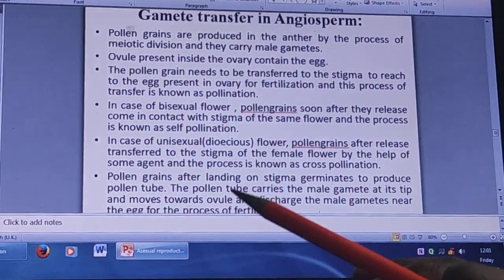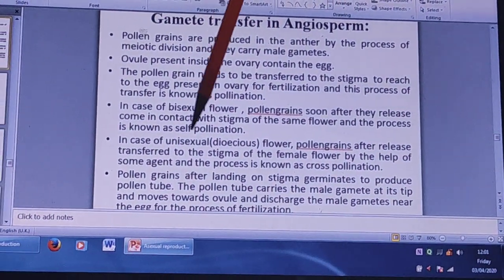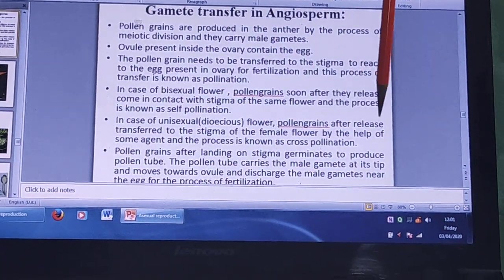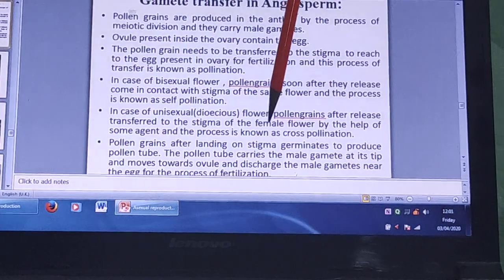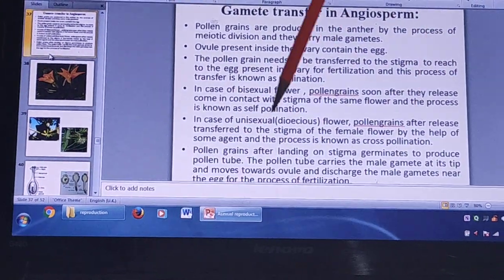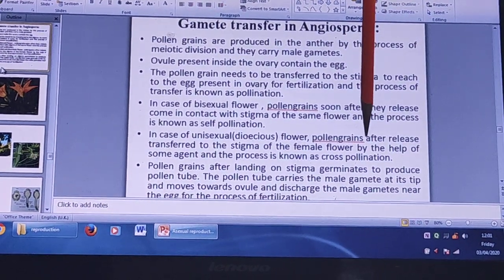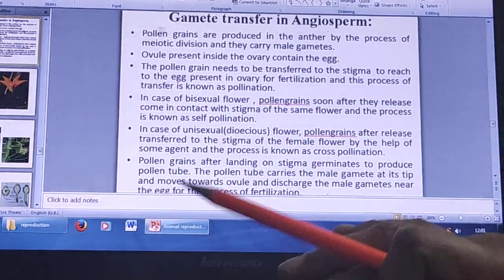Already I have told you. And in the case of a unisexual flower like papaya, pollen grains after release are transferred to the stigma of the female flower with the help of an agent, and the process is known as cross-pollination. Already I have explained to you.